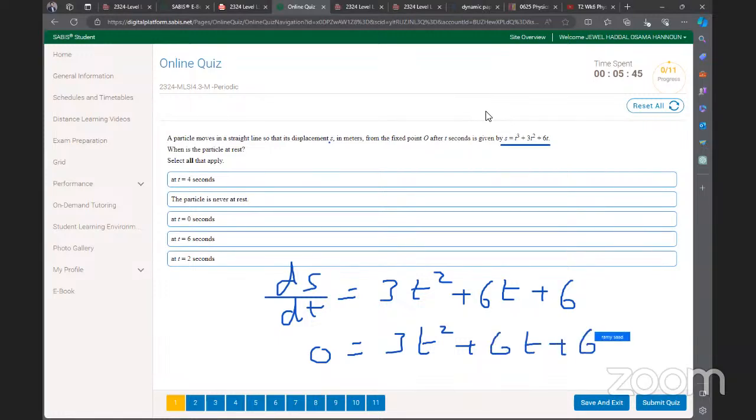Okay, so mode 5, 3, and then tell me what t will be.